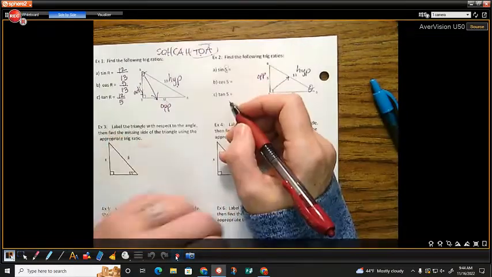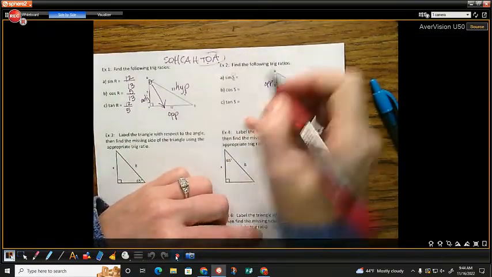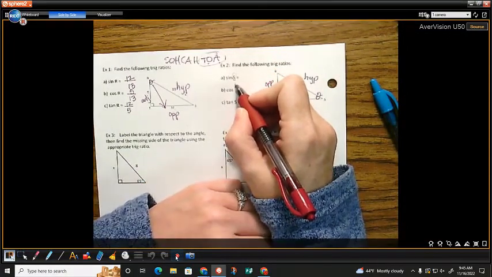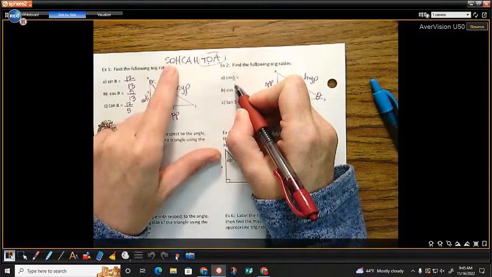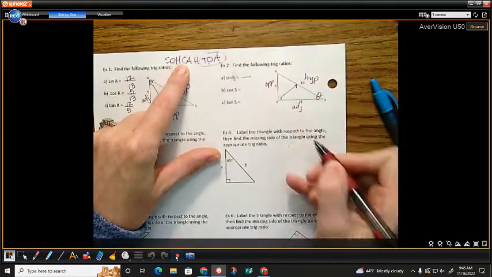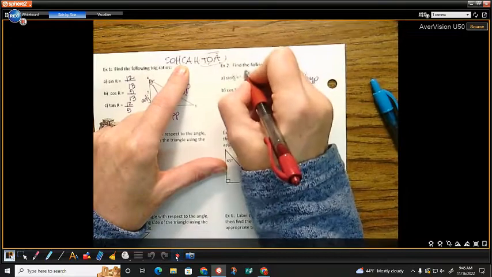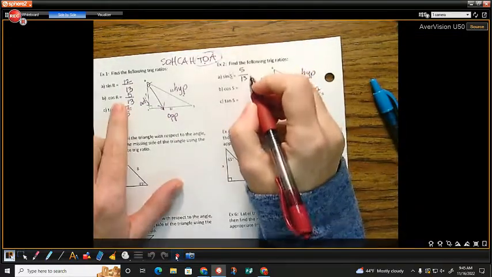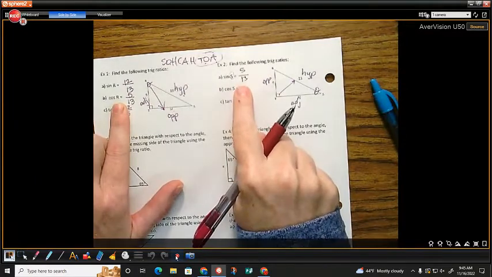Okay, so listen. How does one get the sine of angle S again? Opposite over hypotenuse. So did y'all do 5 over 13? Yay! Oh wait! Look!